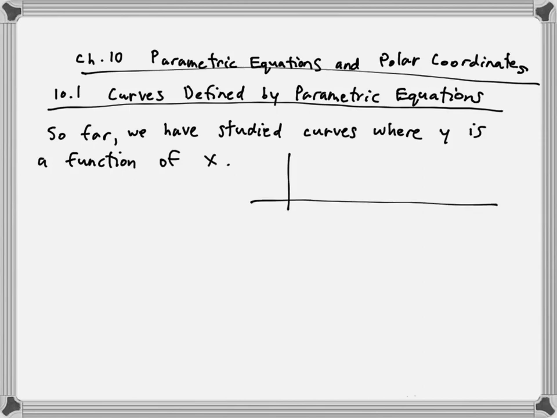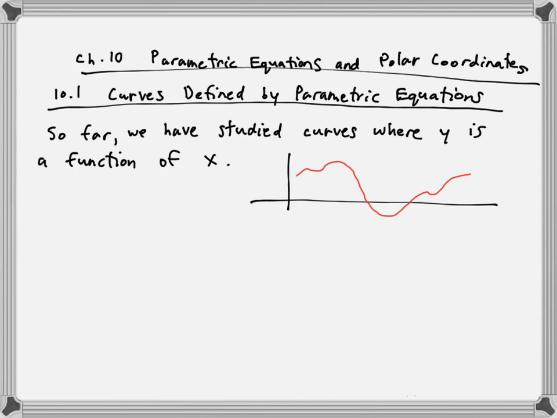So as an example, a curve where y is a function of x looks something like this, it does whatever, right? And so we are sort of limited here, right? Because the curve always needs to move to the right. It can never loop on itself or do anything interesting, right? Curve is always moving in one direction. Let's put it that way.